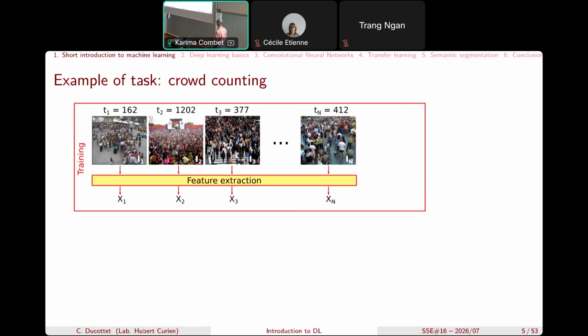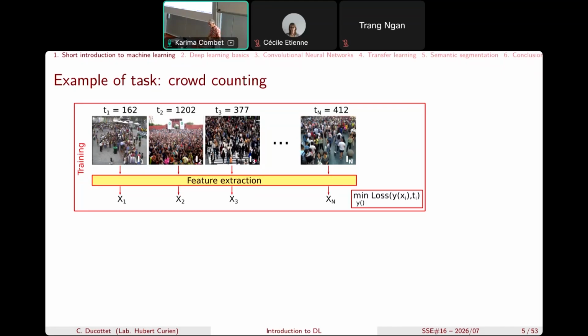So the first step will be to have a feature extraction step. I don't go too much into the detail of the feature extraction. We will speak more about that later. But suppose that we are able to represent the whole image by a vector, x1, and each image has a representation as a feature vector.